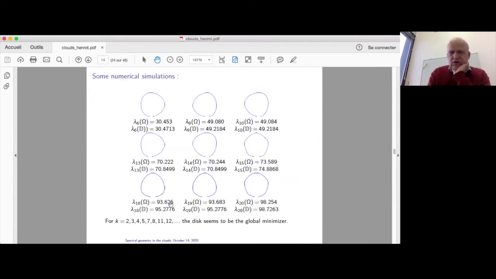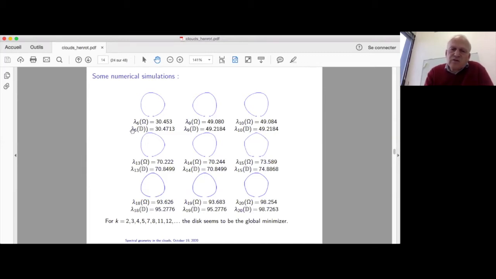Okay, so when you do some numerical simulation, here I just put the interesting values. For the value k equal 1, we have already seen that the result is a disk. For k equal 2, 3, 4, 5, 7, 8, 11, 12, which are in the list of my theorem, the numerics confirm the local analysis in the sense that the disk seems to be the global minimizer for all these values.